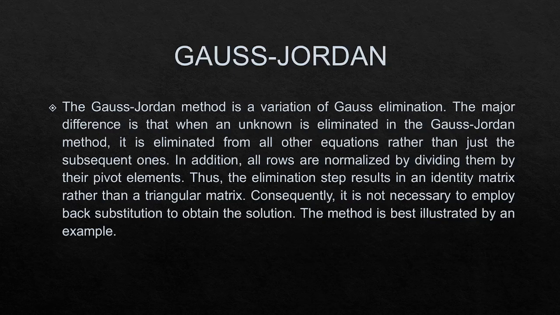In addition, all rows are normalized by dividing them by their pivot elements. Thus, this elimination step results in an identity matrix rather than a triangular matrix. Consequently, it is not necessary to employ back substitution to obtain the solution. The method is best illustrated by an example.